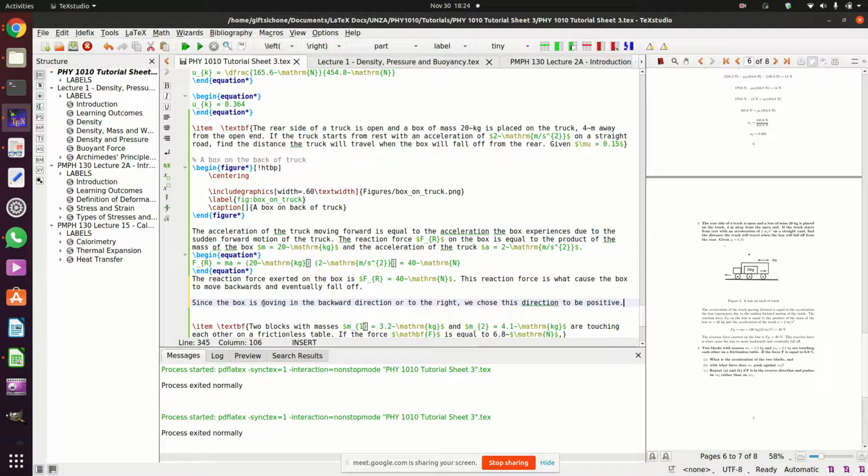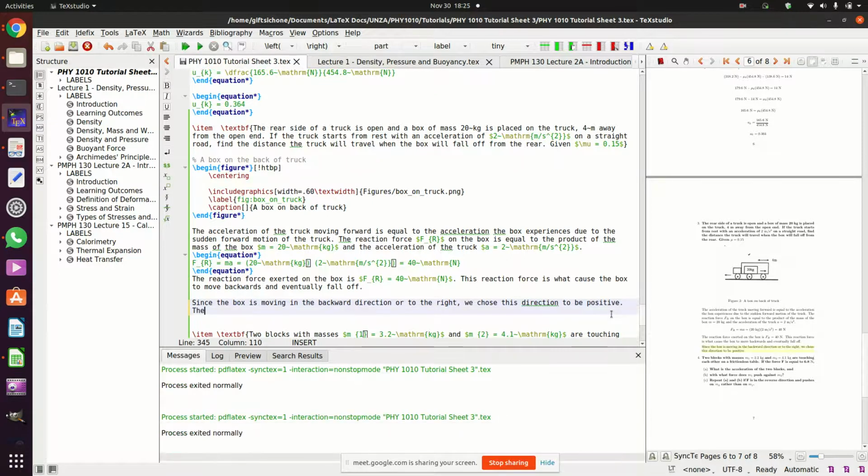Therefore, positive. As the box moves backwards, it experiences friction. It experiences kinetic friction between the box and the floor of the truck.